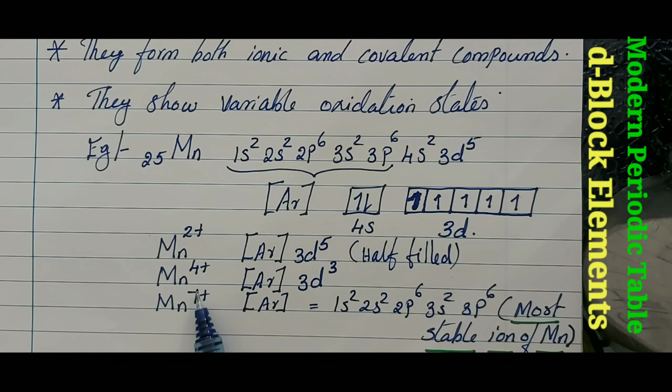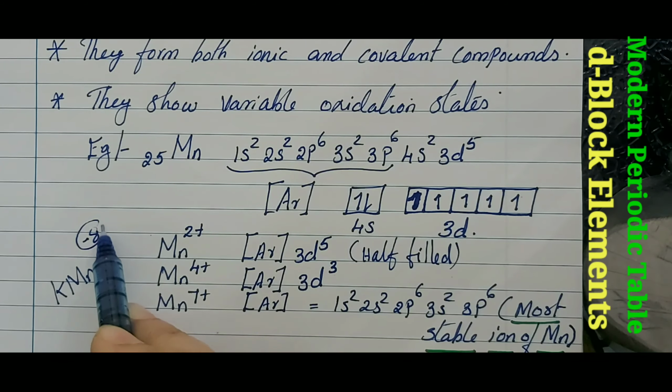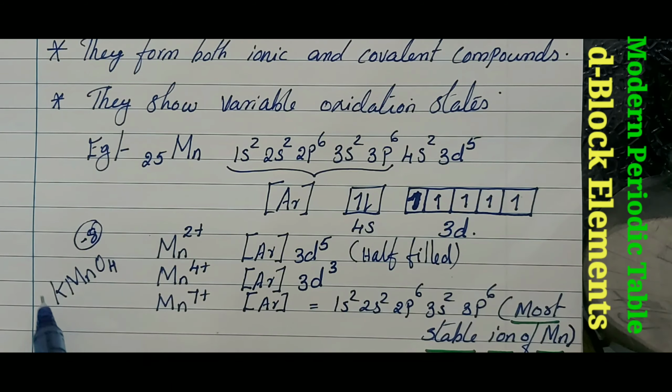So Mn7+. In potassium permanganate, KMnO4, oxygen is -2. 4 oxygens means it will be -8. Then potassium, you know, is a first group element. Its valency is +1. It is not going to show any variable oxidation states or valency. So this is -8 and this is +1. If you add them, you will get -7.